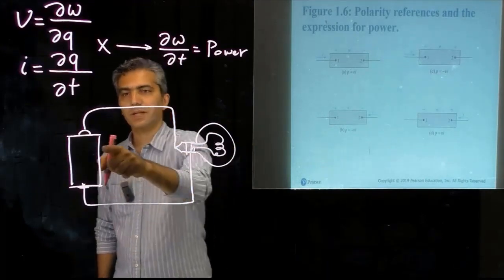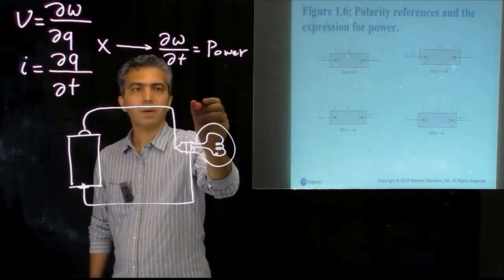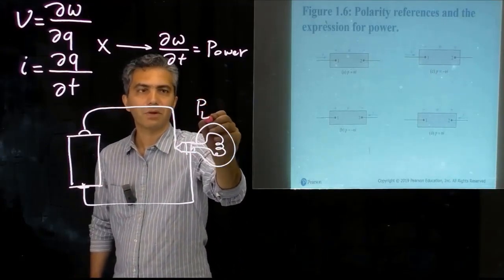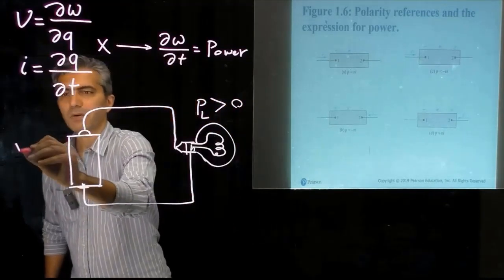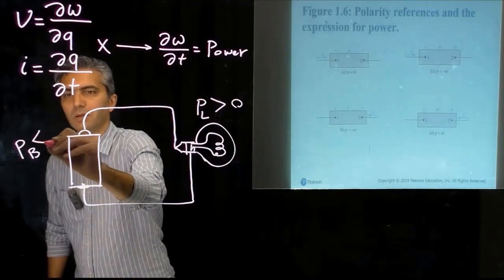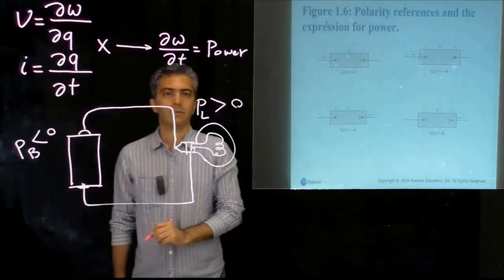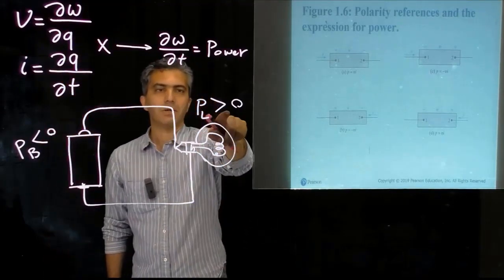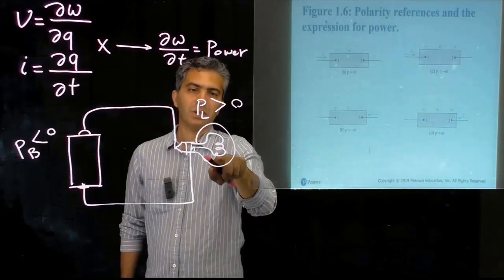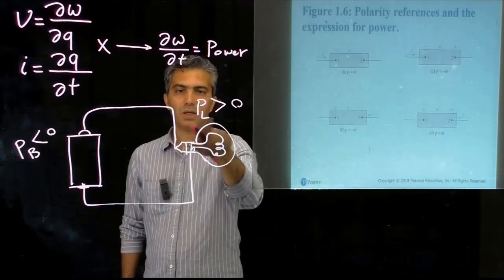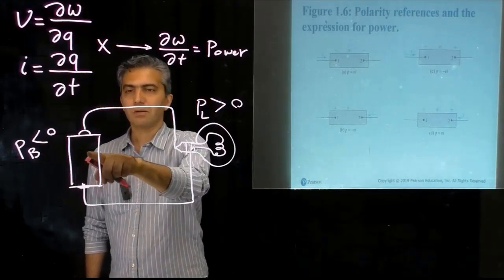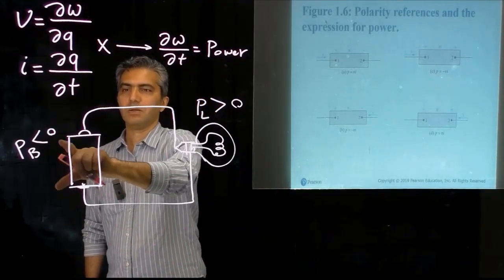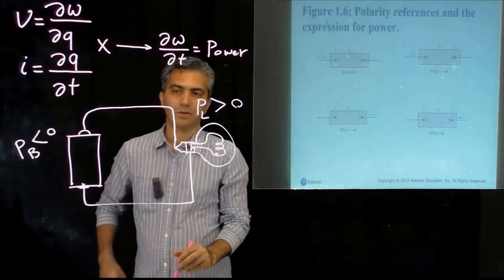So once you calculate the power for these two, the power of the light bulb is going to end up being a positive number, whereas the power for the battery is going to end up being a negative number. The positive power means that the light bulb is consuming electrical energy, and the negative power for the battery means that the battery is generating electrical energy.